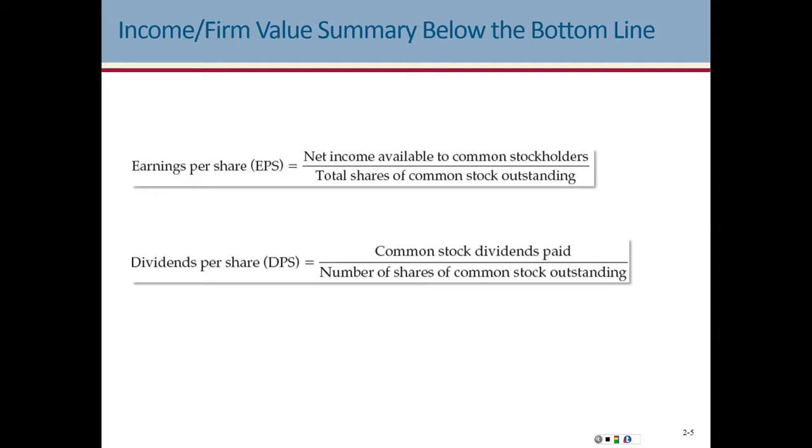Now, dividends per share is the payment that we receive from the corporation since we are stockholders, again divided by the number of shares outstanding. This is how much we receive in dividends per stock. Now, do we want this number to go up? Not necessarily, right? If we're investing in a corporation that is in a high growth industry, we might want them to reinvest that money, right?